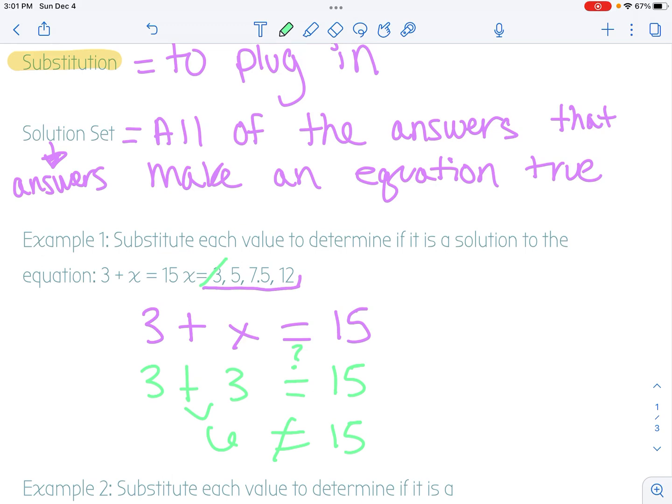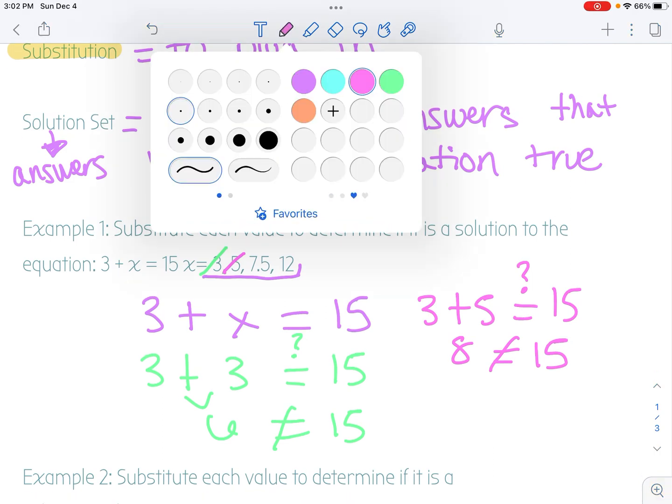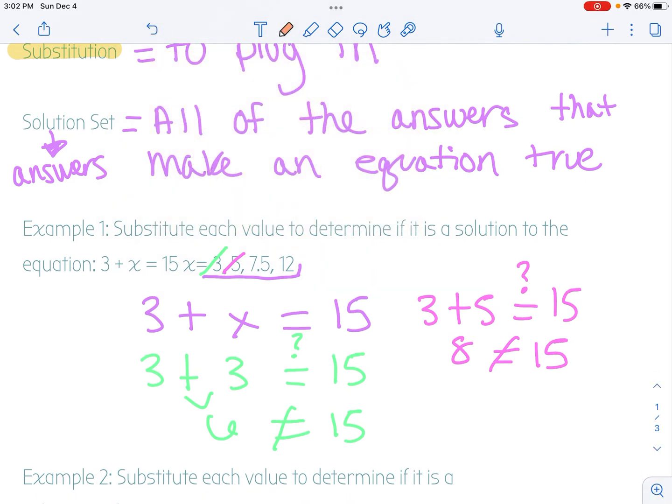The next one I am plugging in is 5. Instead of 3 plus x, I am going to do 3 plus 5. Does this equal 15? 3 plus 5 is 8. This does not equal 15, so 5 is not part of our solution set. Our next number is 7.5.